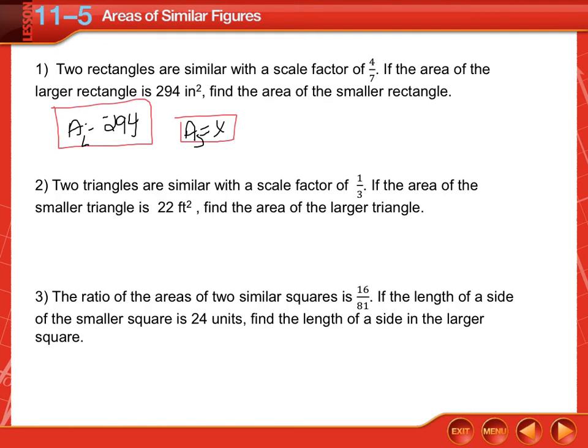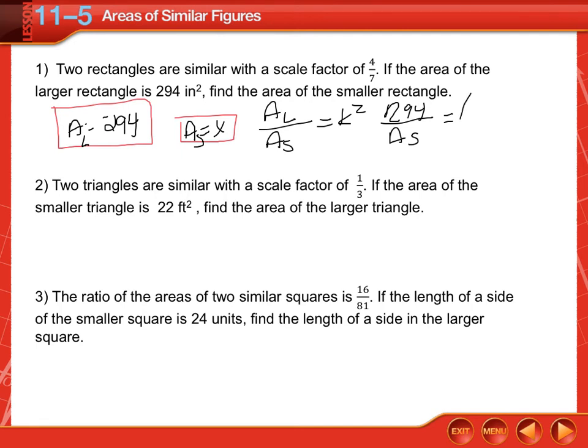And we know that the area, I'm just going to put larger on top just for convenience, to the smaller is equal to k squared. The area of the larger is 294. I'm substituting. The area of the smaller we're trying to solve for. Now be careful when you set up the scale factor. Since I just happened to put area of the larger on top on my ratio, I have to be consistent.